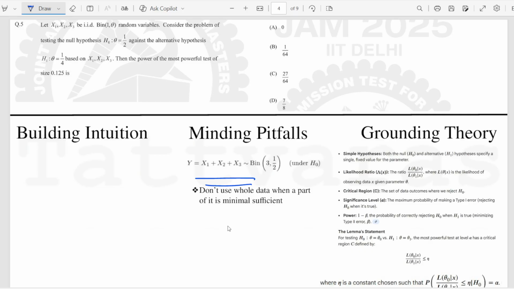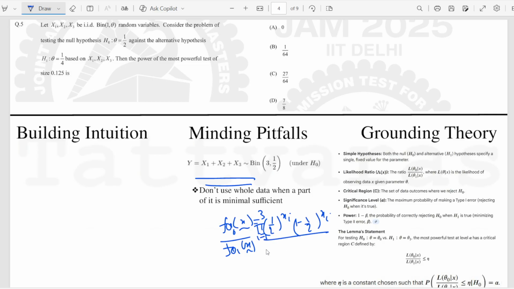Essentially, if you look at the distribution over here under theta naught, it's what? It's half to the power xi times 1 minus half to the power 1 minus xi, where i is going from 1 to 3, divided by this thing.